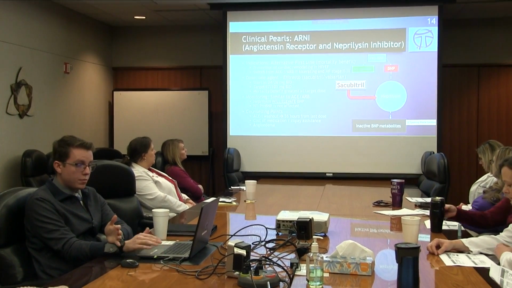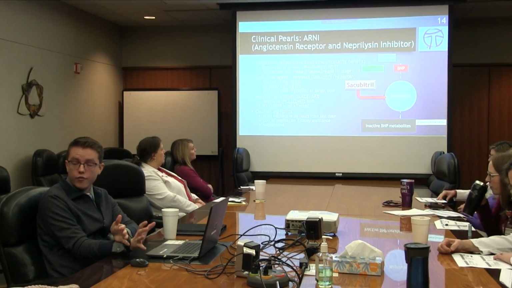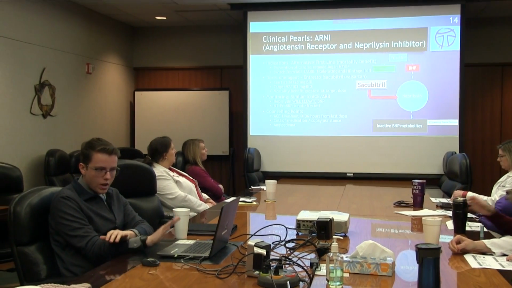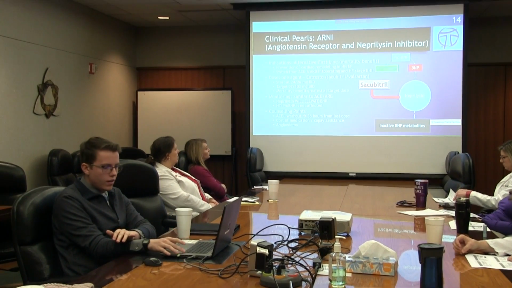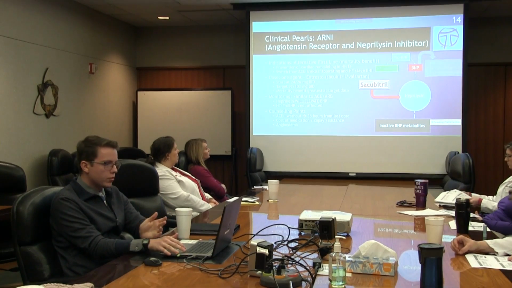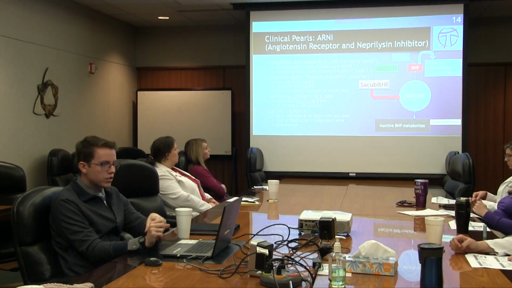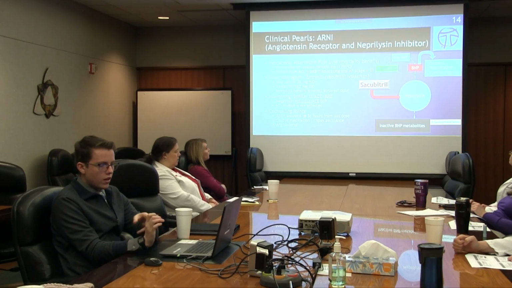Sacubitril, which is our neprilysin inhibitor part of our ARNIs, is going to come in and stop neprilysin from breaking down BNP. And so that's going to allow BNP to stick around longer to exert its mechanism of action, which is going to increase our patients' diuresis, increase vasodilation in our patients, and decrease cardiac fibrosis.